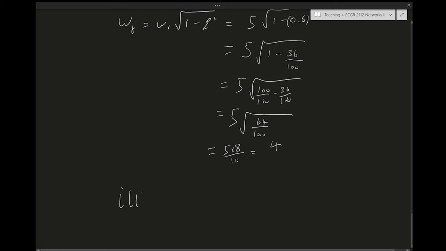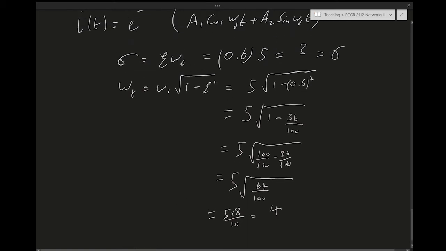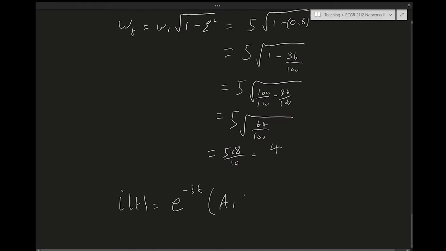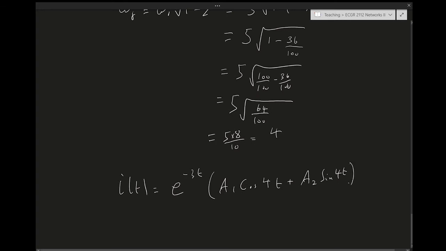So I of t equals e to the minus sigma t, which is e to the minus, sigma is 3, e to the minus 3t. Then we have A1 cosine omega d is 4, cosine 4t plus A2 sine 4t. Right, this is the response, and all that is left now is the matter of finding the constants A1 and A2, and those we find from the initial conditions.